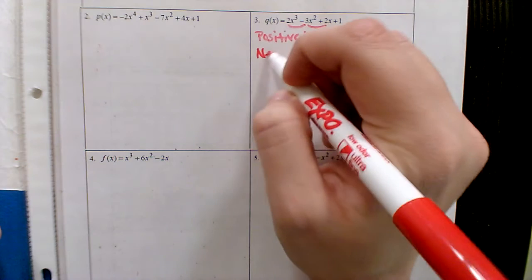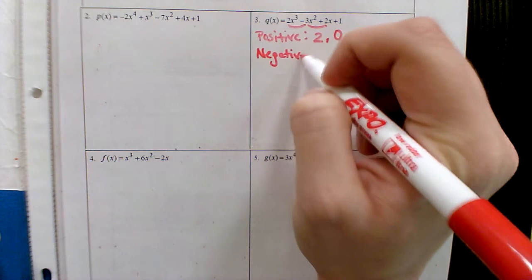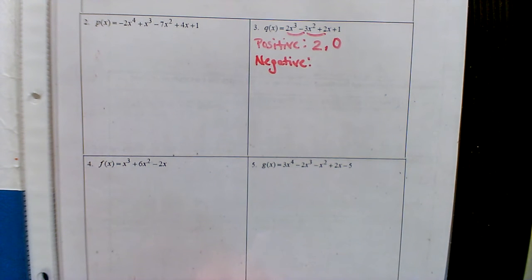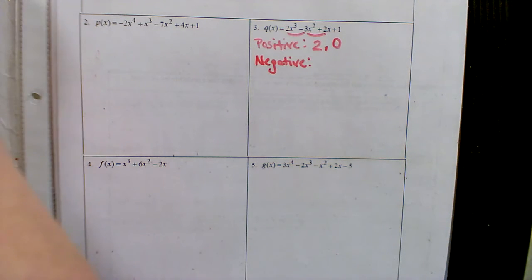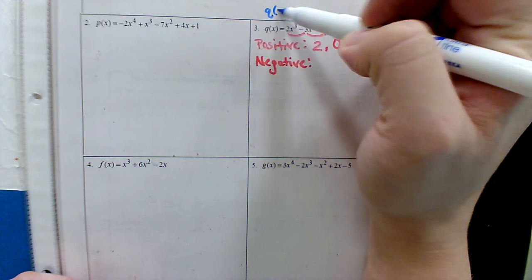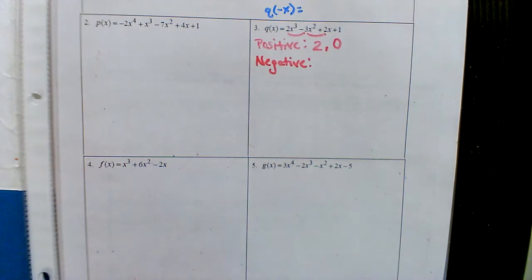What about how many x-intercepts show up on the left-hand side of the x-axis, aka negative x-intercepts? What do we have to do for that one? Yeah. Switch the signs of the odd ones. So we're going to check out what I refer to as the negative equation. We're not making everything negative.